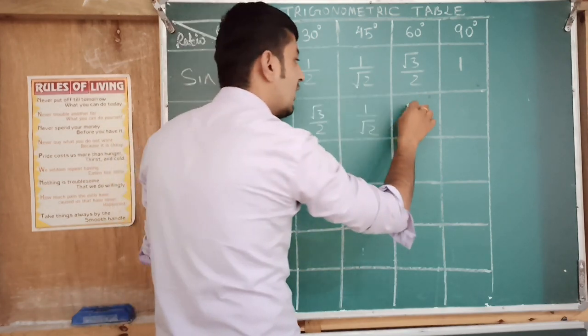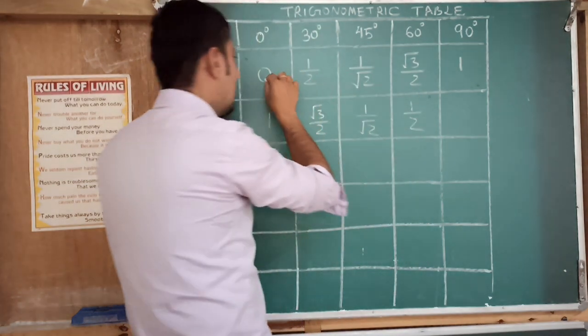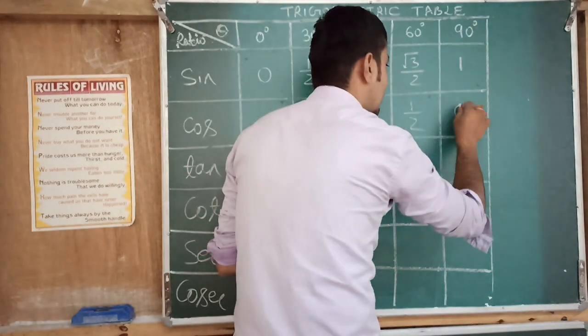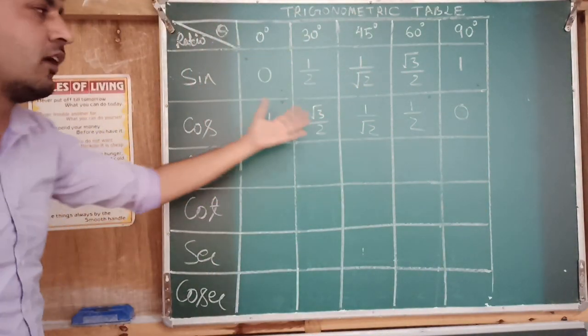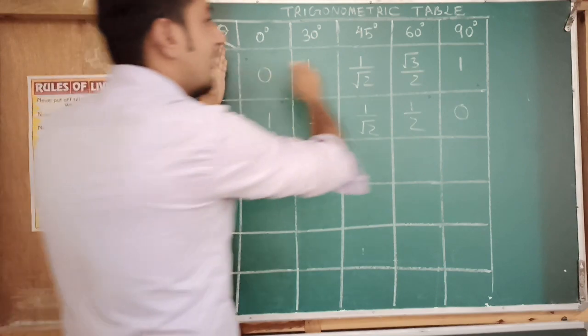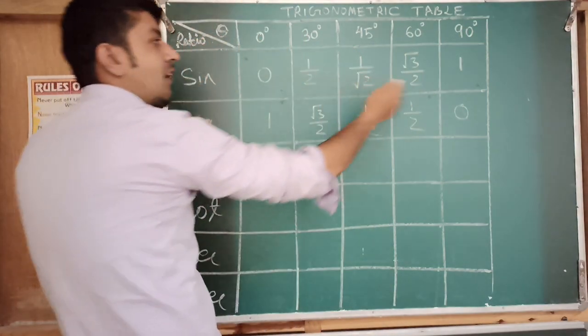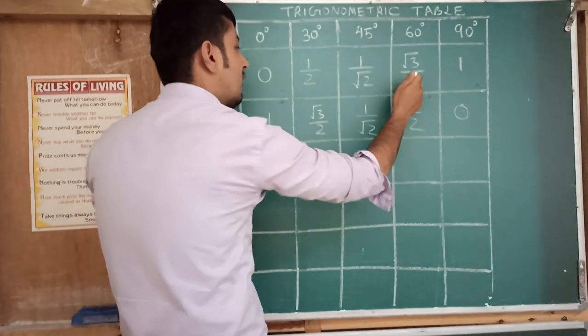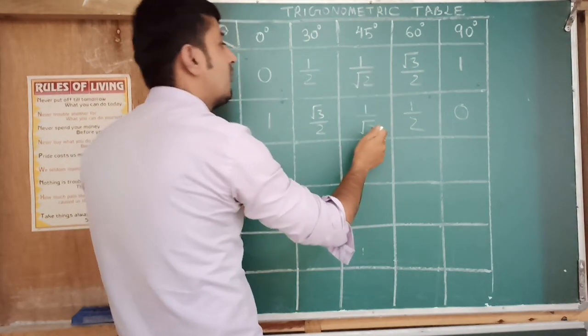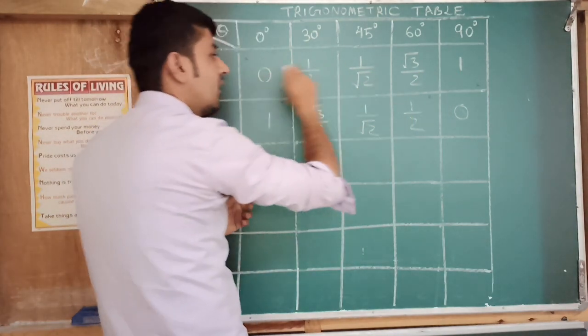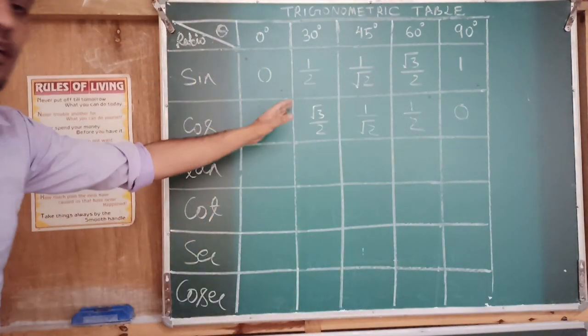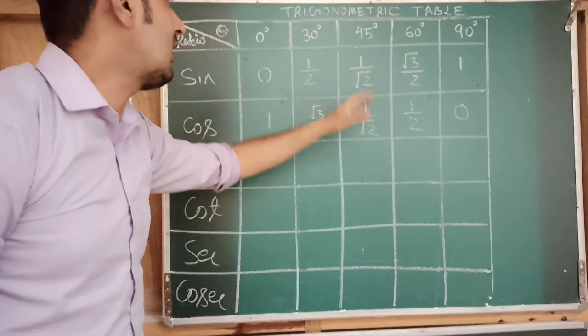This value you bring it here. And this value you bring it here. That means in place of writing from left hand side to right hand side, I have written right hand side to left hand side. So I have written 1, then root 3 by 2, then 1 by root 2, then 1 by 2, then 0. So I have got my cos theta.